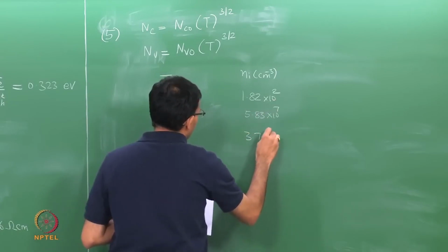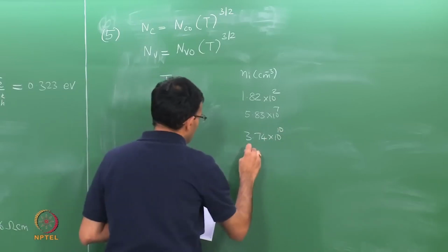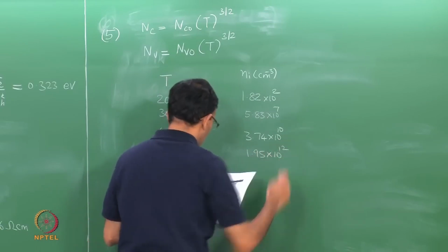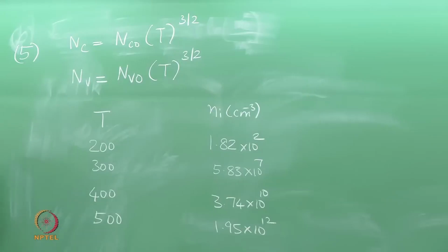So, we can see that with increase in temperature, the value of Ni also increases. So, the question asks us to determine this product Nc naught times Nv naught and also the band gap.